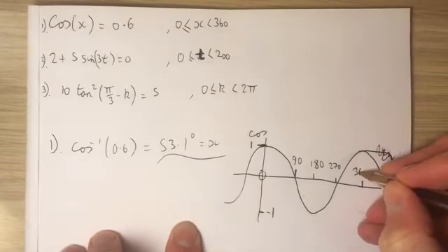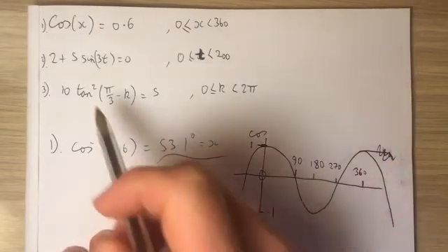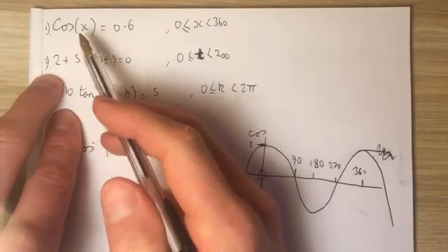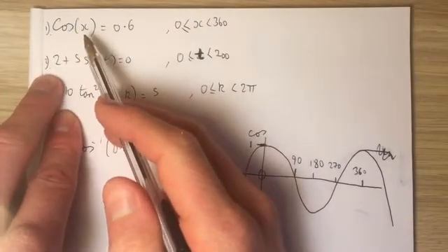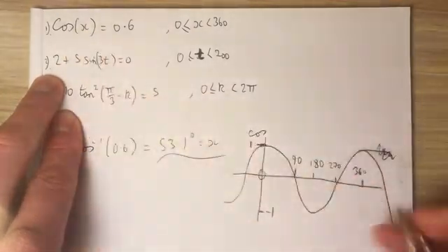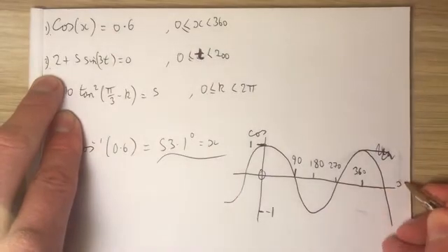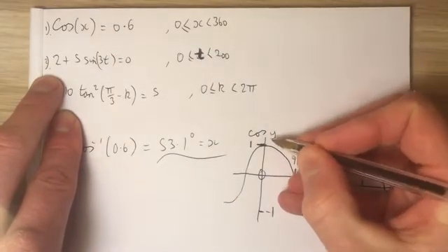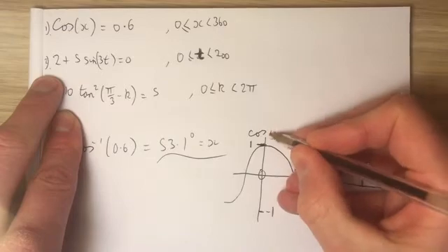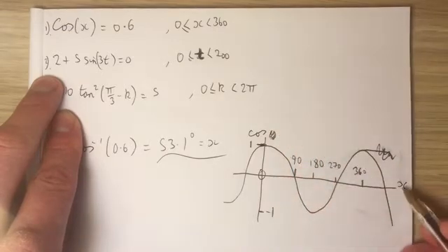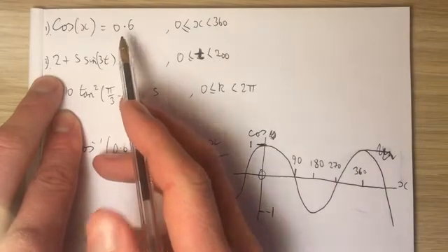Okay, so what's going on? This equation here says there's some numbers x, when you put them into the cos, and of course this here is the x-axis, and this is the y-axis if you like. So if you put in the number into the x, you get the answer 0.6.